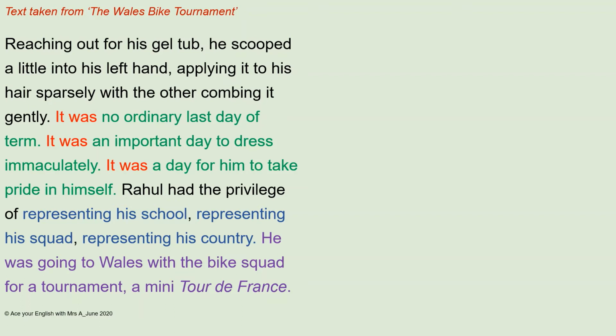Do you have any idea of what they could be? Look at "it was." I know you might be saying repetition, but what else do you think it could be? Let's find out whether your thoughts are what I've also identified.